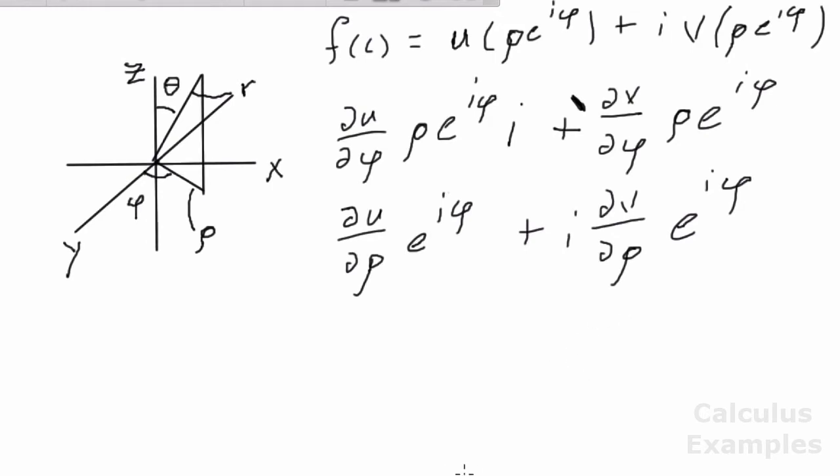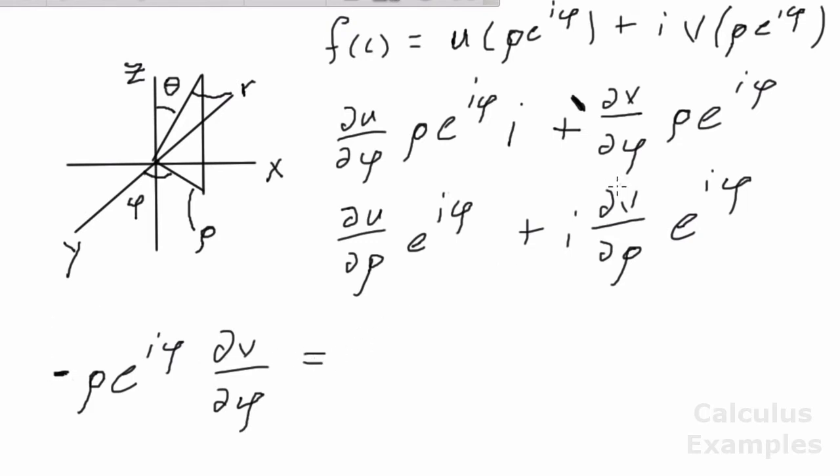Now let's equate the real and imaginary parts. So the real part here is partial of v with respect to phi, but I'm going to write the second factor of that term out front. So rho e to the i phi, partial of v, partial phi. Is that negative? Can't miss that.